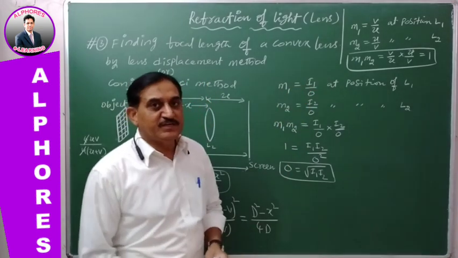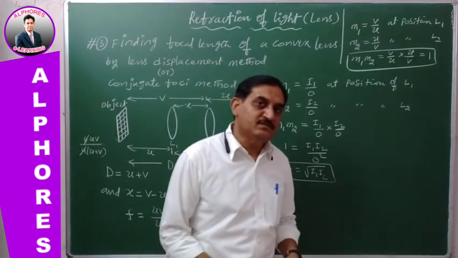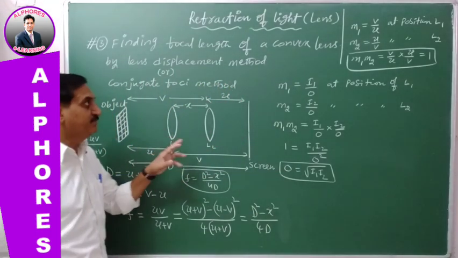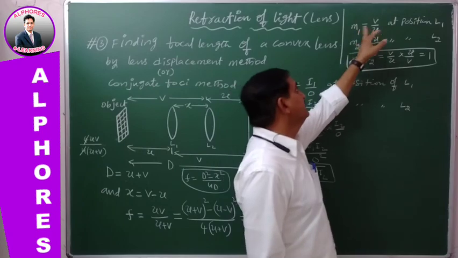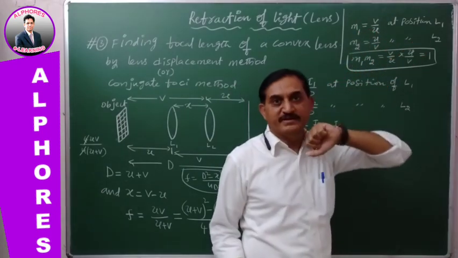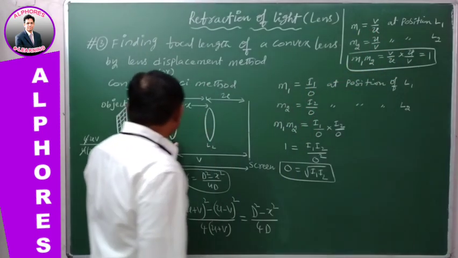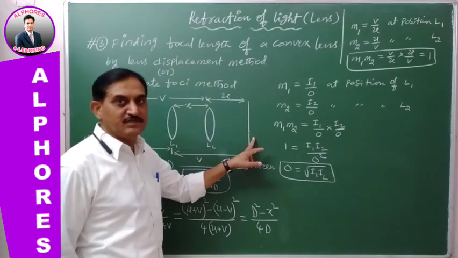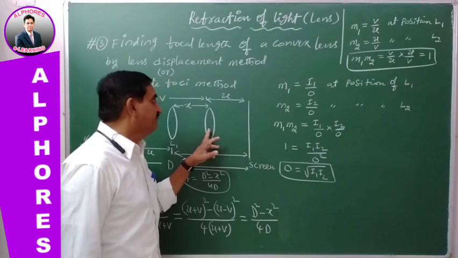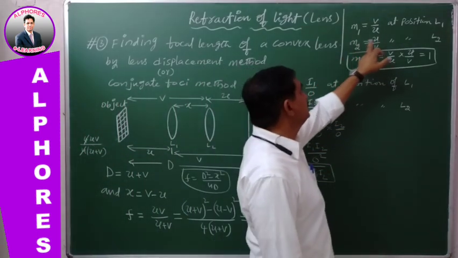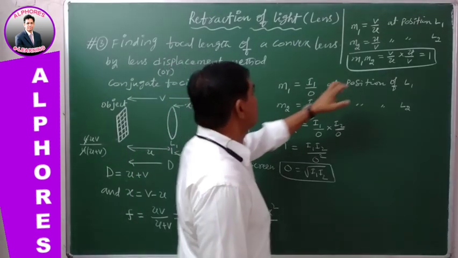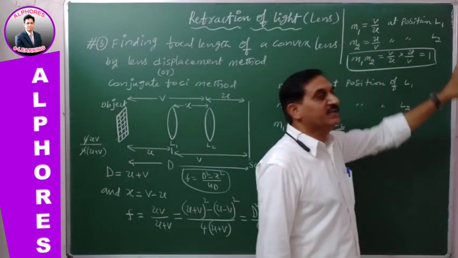So M1, the magnification whenever the lens is at position L1: M1 is equal to V by U at position L1. Okay. Whenever the lens is at position L2, some other position where the image is sharp and diminished, the magnification M2 is equal to U by V. This is the image distance U by V at position L2.